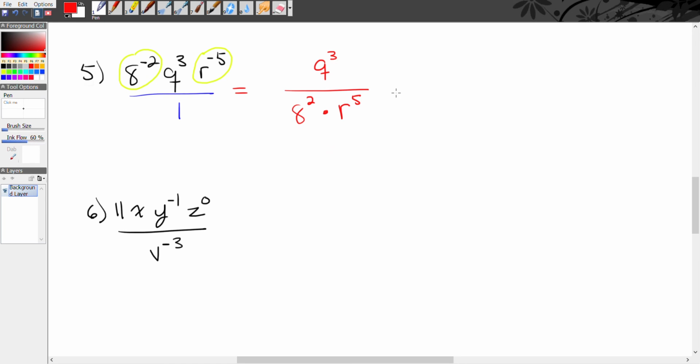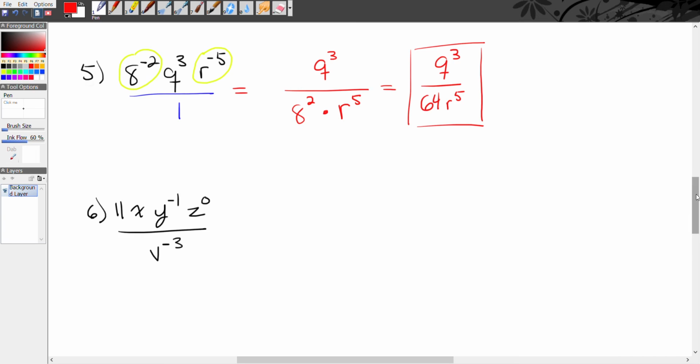And so, very simply, this is q to the third over, now what's 8 squared? Do I leave it as 8 squared? No, I can simplify that. I can evaluate that. 8 squared is 8 times 8, which is 64, times r to the 5th. So we get 64 r to the 5th as our answer.